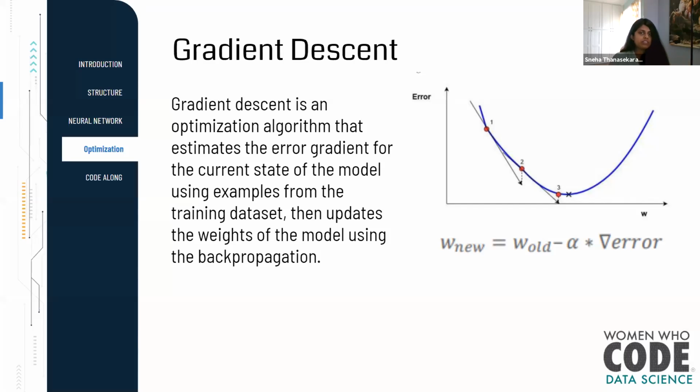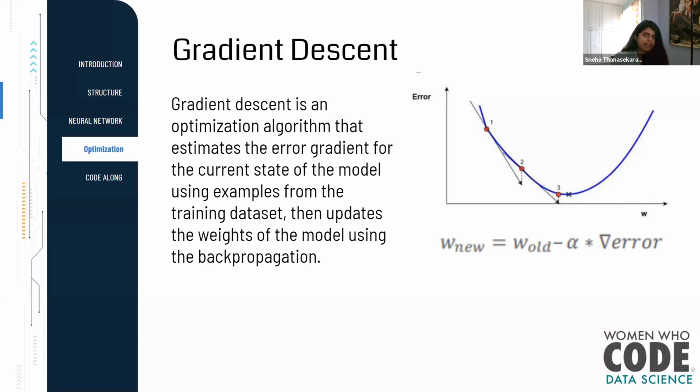To proceed with this method, first, the gradient of the error with respect to W is calculated at point 1. For those who don't know, the gradient is the slope of the error curve at that point. It is shown in the diagram as a black arrow, the slope. The gradient also gives directional information.